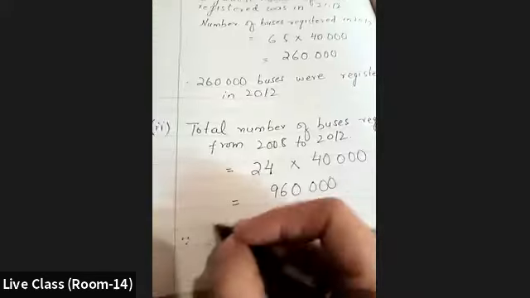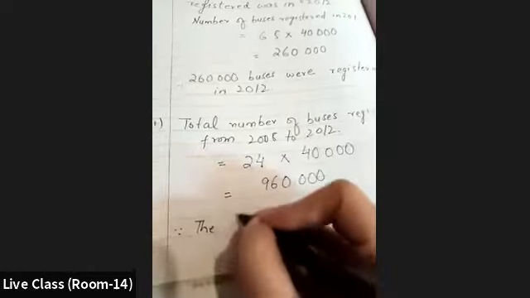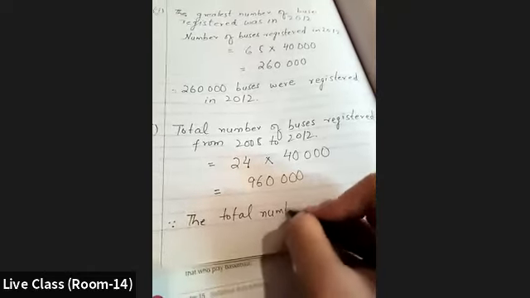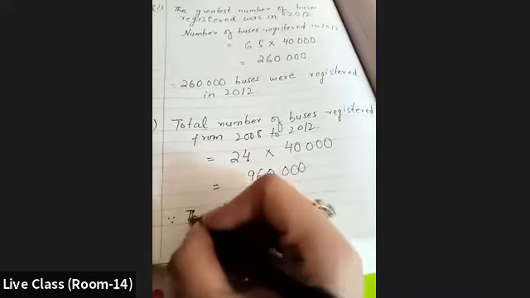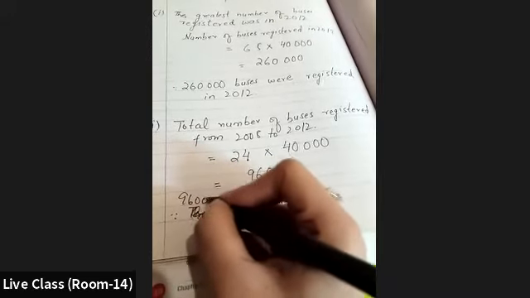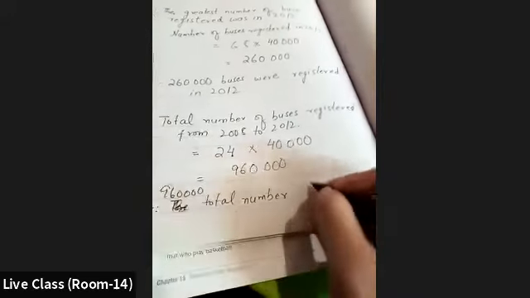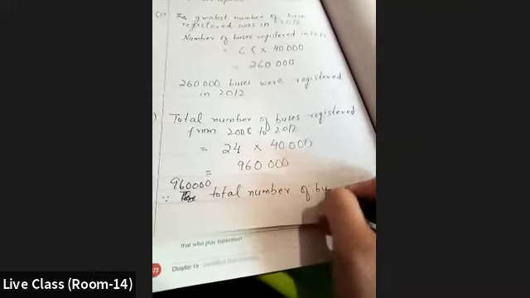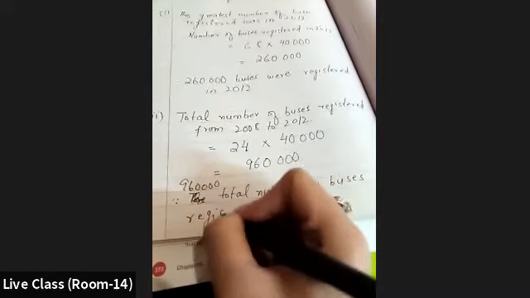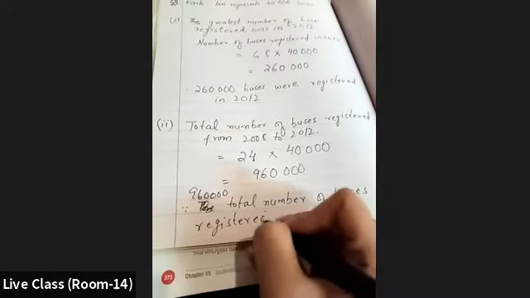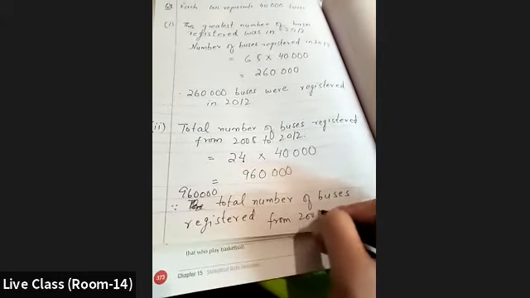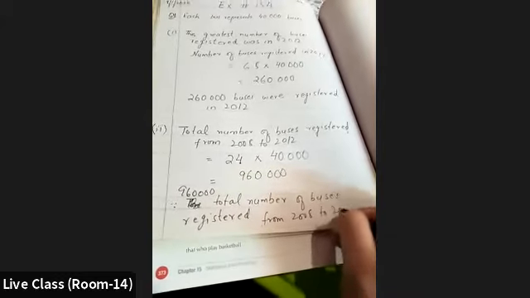So the total number, oh sorry, 960,000 total number of buses registered from 2008 to 2012.